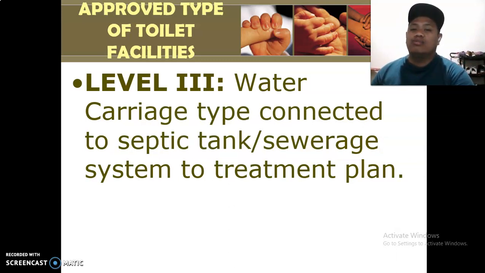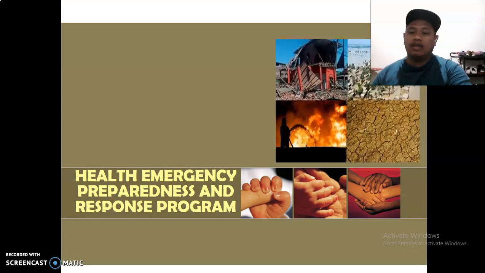Ibig sabihin, yung nagamit na tubig will be undergoing treatment in a treatment facility before it will be released to watersheds or waterways. So among all the toilet facilities, si level 1 pa rin po ang most common that may lead to your waterborne conditions. Okay?